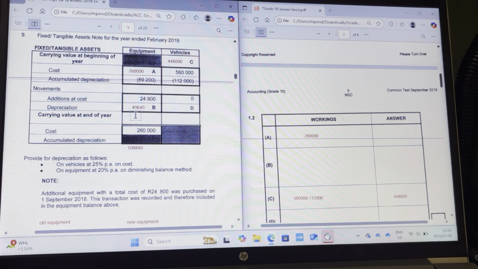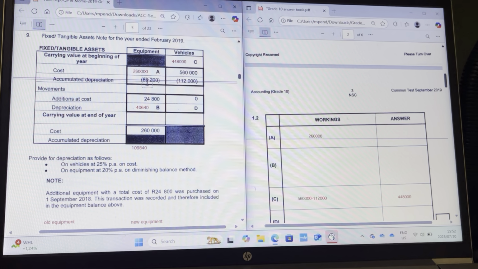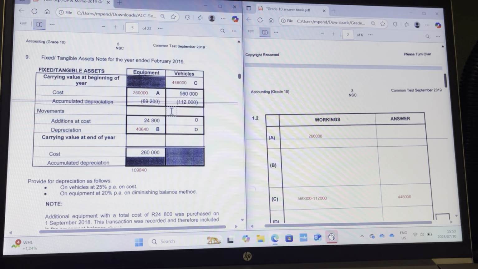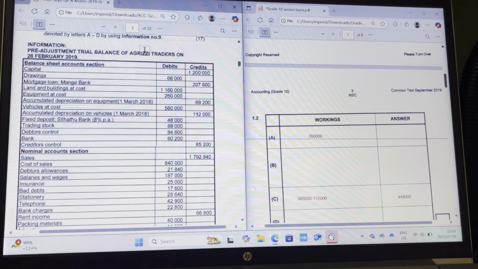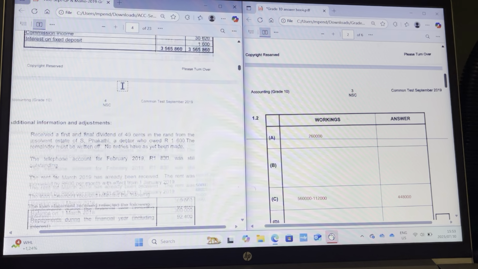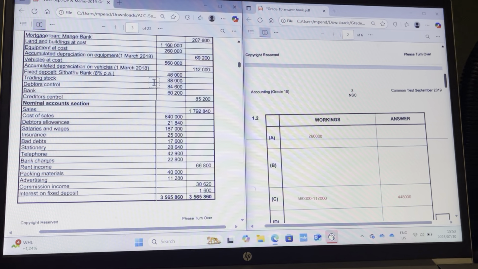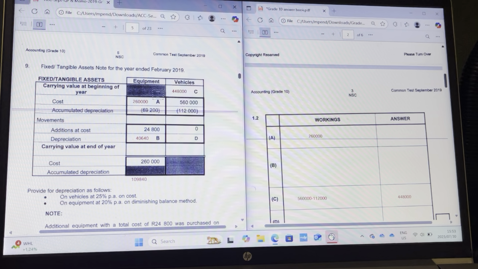Okay, guys, the reason why our amounts were not making sense is we made a mistake. This is a trial balance at year end. So that means that this 260 that we see here is not our opening amount. It's not A, but it is our closing amount.